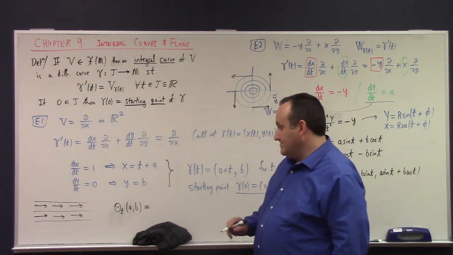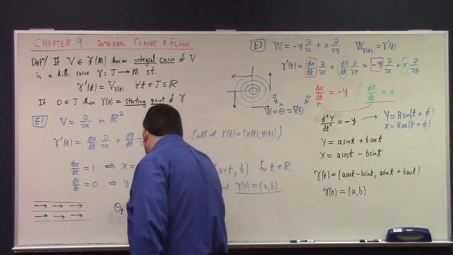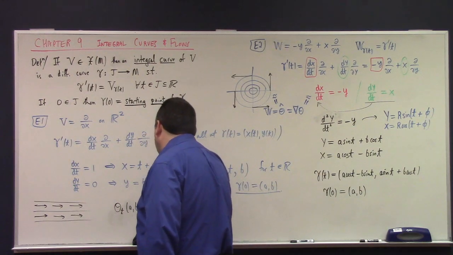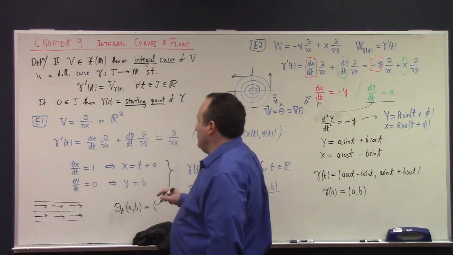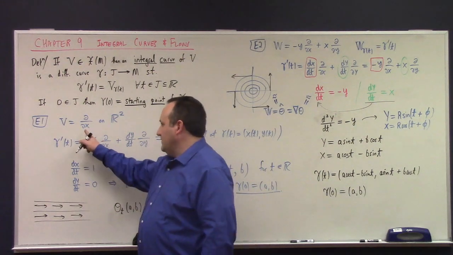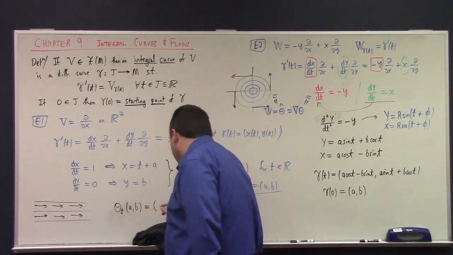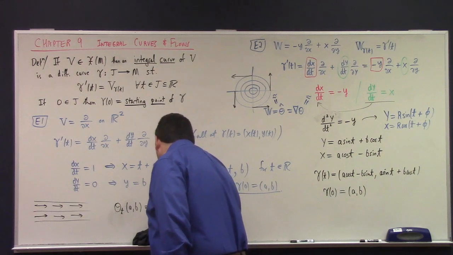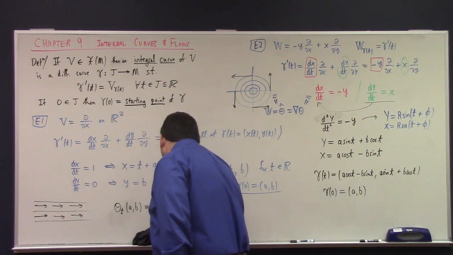Is it x minus t and y? Well, we want the integral curves of, let me just do it. So it's a plus t, or if you like, t plus a comma b.